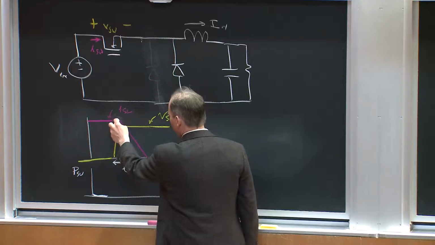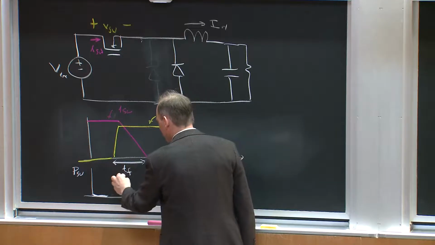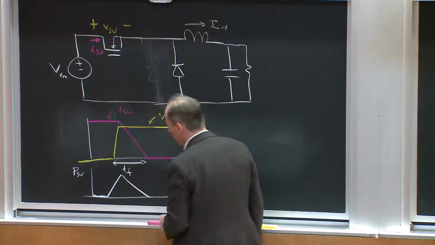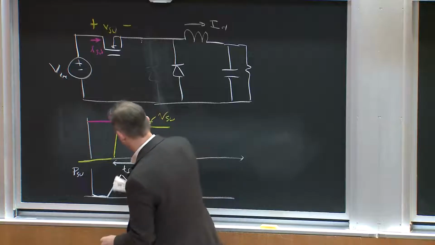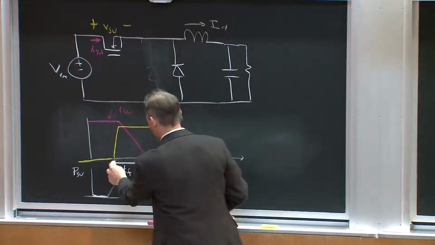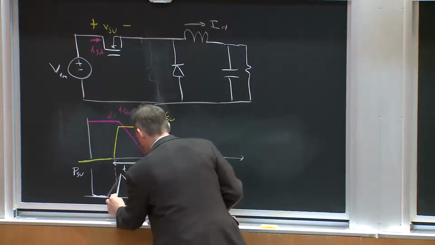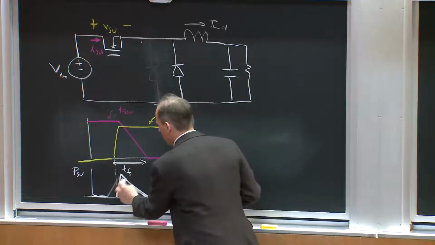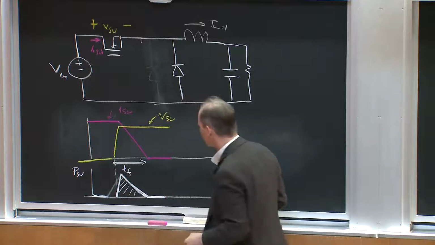Here, if this is 100 volts and 100 amps, maybe that's like 5 kilowatts peak dissipation. It's 5 kilowatts for a very short period of time that just goes over this duration. But I get a big pulse of power in the switch.